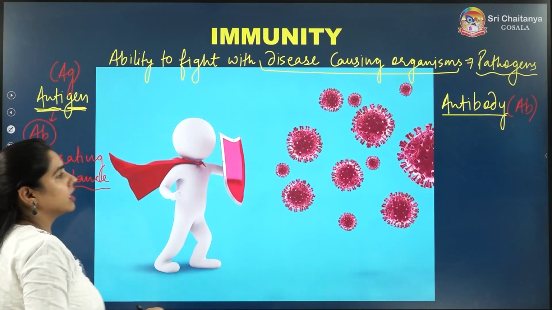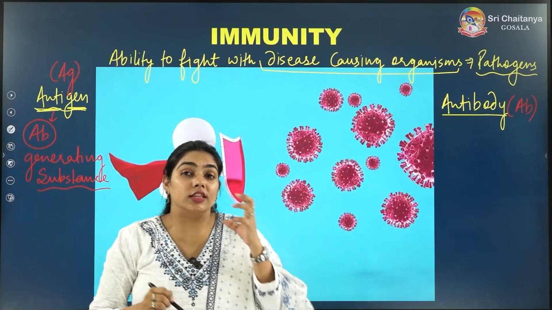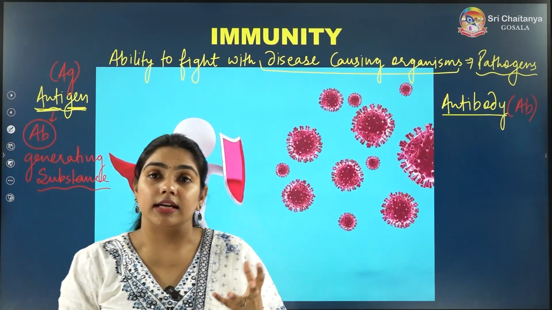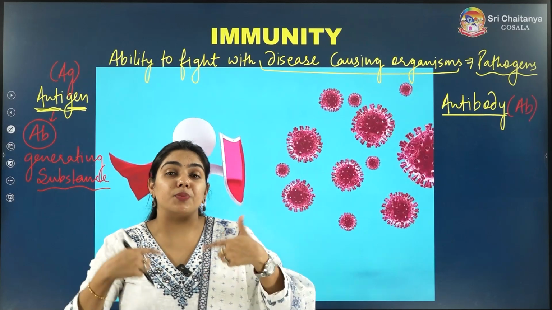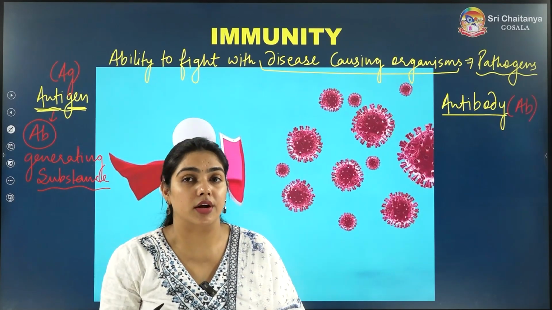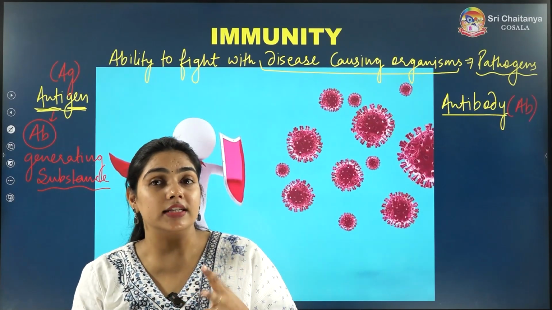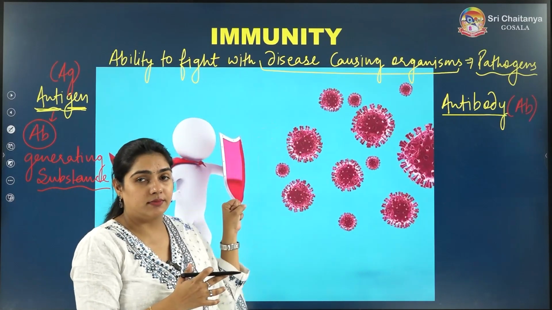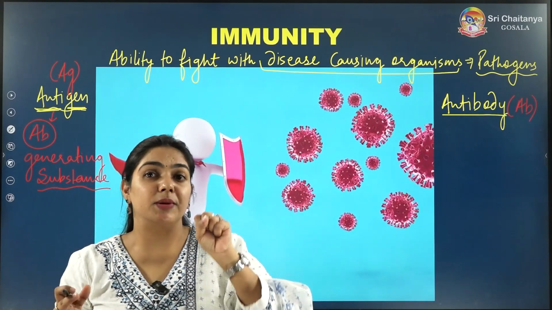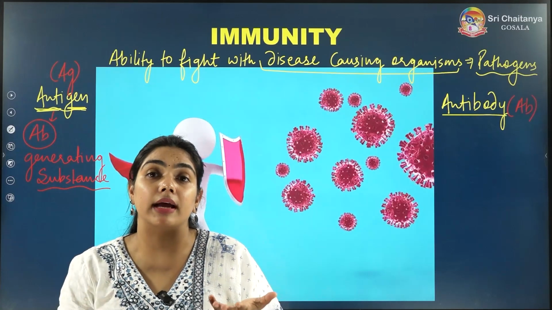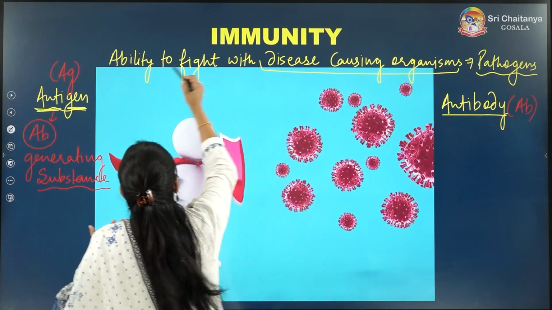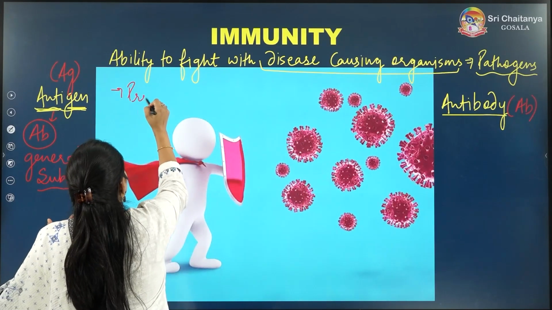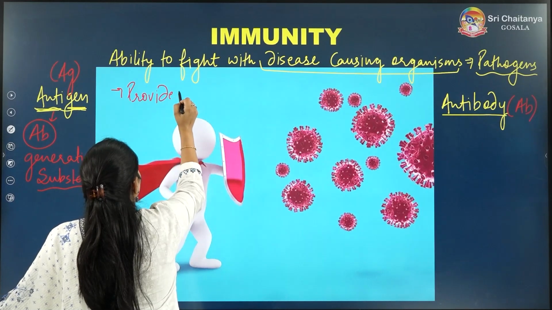So what is antibody? This antibody is a protein. It is a glycoprotein which is produced by the cells of your body. Okay, which cells of your body? See, you have an immune system. This immunity, the power which is present in your body, is provided by the immune system.